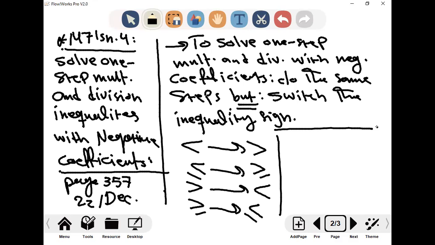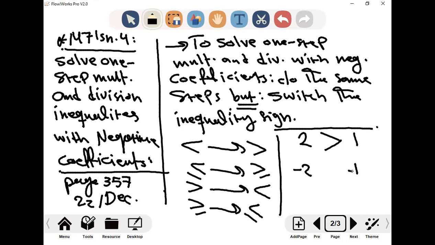Why? Look here. Why do we switch? Now, we know that 2 is more than 1. Give negative to both. So 2 becomes negative 2 and 1 becomes negative 1.